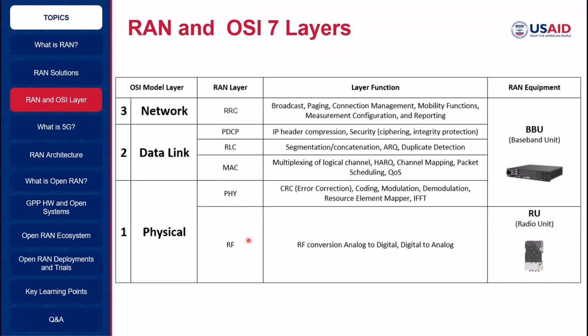But you will see later on in the different split options provided by the 3GPP, sometimes the physical layer is being split into the baseband unit and sometimes in the RU. So there is the what we call the split 7 and the split 8. So later on we will be discussing that.